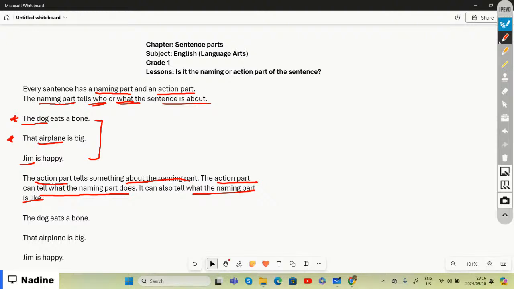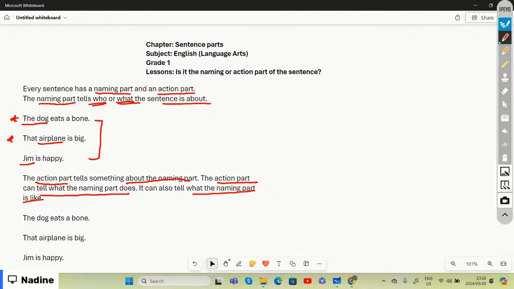If we look at that specific sentence, we said the naming part is the dog.